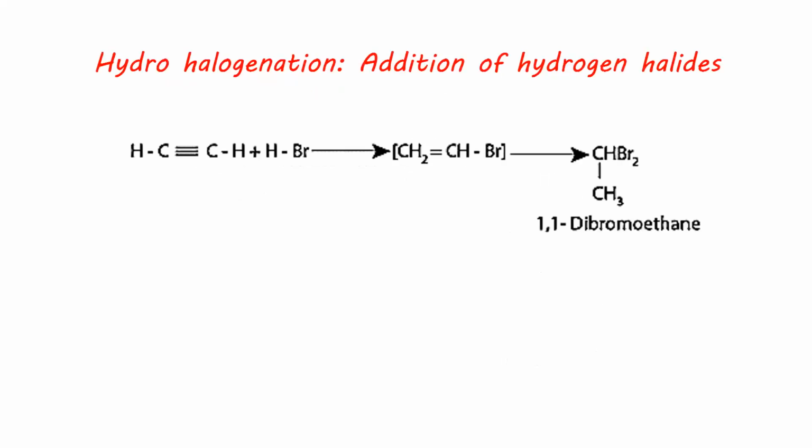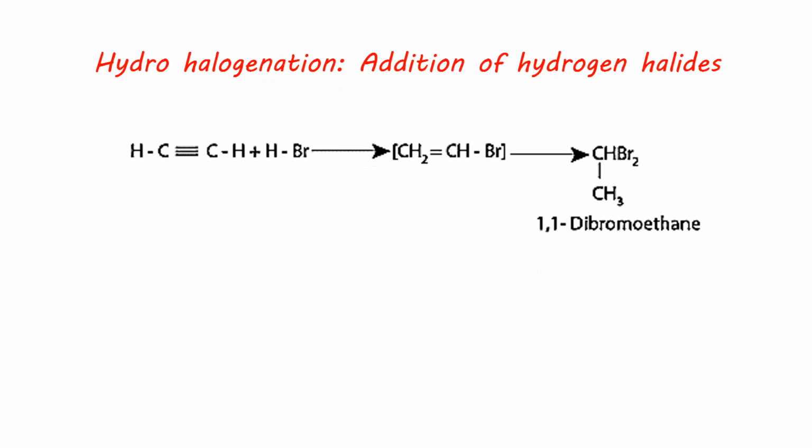I repeat, ethyne will give ethanal, that is aldehyde. Next, hydrohalogenation. In hydrohalogenation, that is addition of hydrogen with the halide. Here, two molecules of hydrogen halides like HCl, HBr or HI add to alkynes to form gem, that is geminal dihalides.